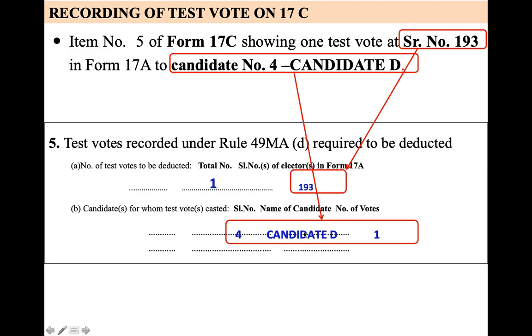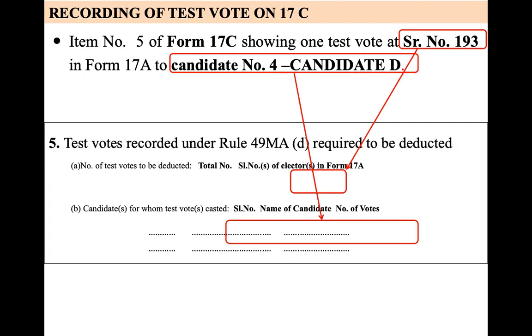Suppose candidate D's name is Tongam. So we write Tongam here and serial number 4. How many votes were cast in his favor? One vote. So this is how we enter the test vote recorded. Please note that in this serial number you enter the second serial number, not the first, and here the serial number of the candidate in the ballot paper. I hope this is clear.